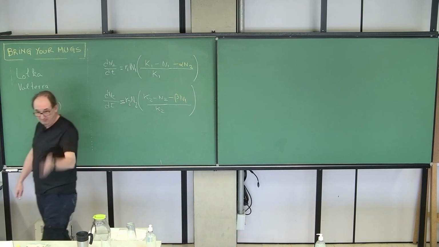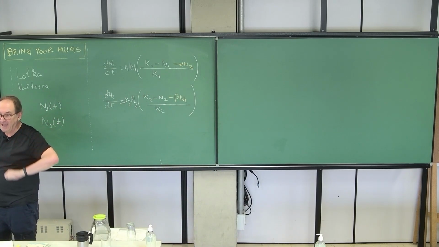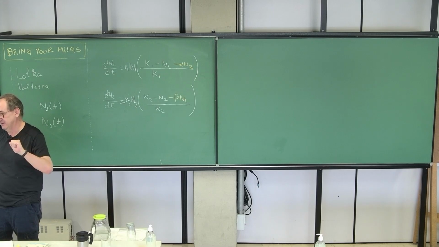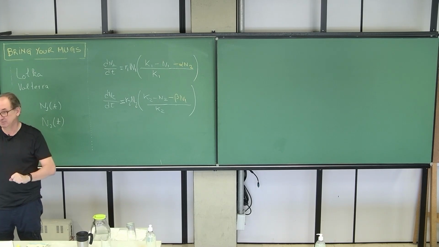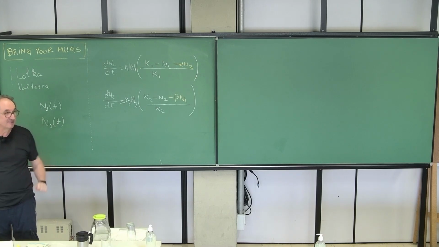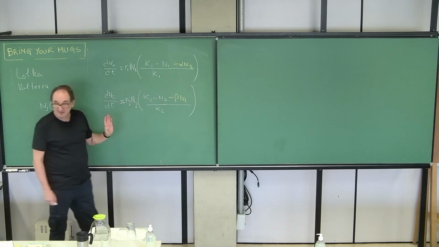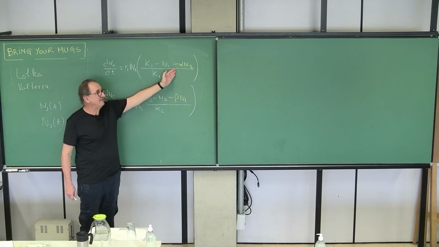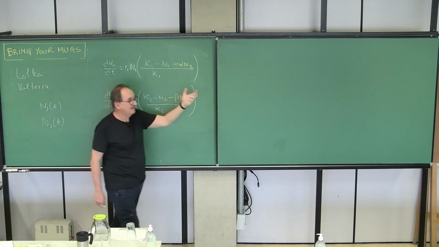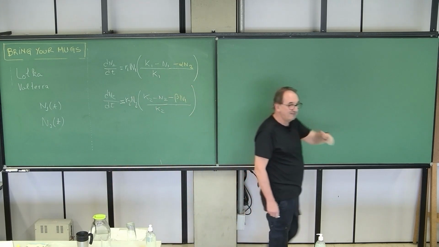We have not tried to model the actual way it's interacting, which we will do next week. It's called modern competition theory, it's just consumer resource dynamics. But for the time being, that's it. And then alpha, you can think, say alpha is equal to, say, 4.